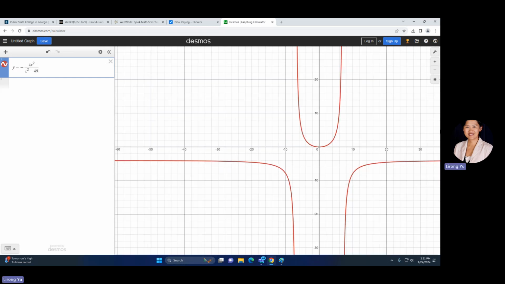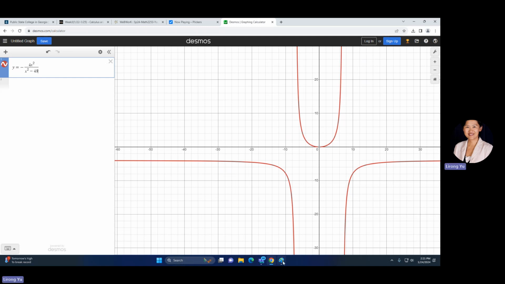So you can see it's negative infinity on the left of negative 7. On the right side it's positive infinity, and then positive infinity, and then negative infinity. So if you see the picture, you can see it's negative infinity, positive infinity, negative infinity. So that's without analysis.